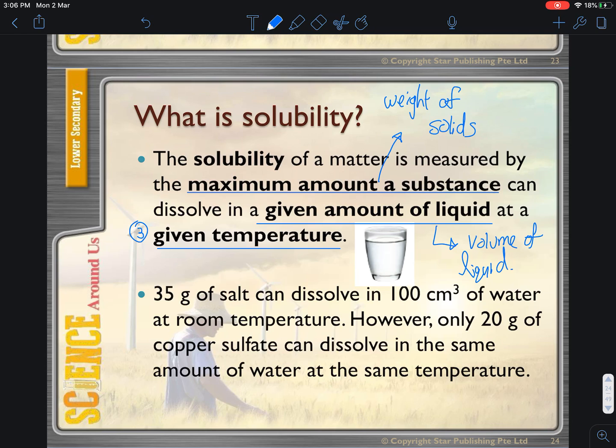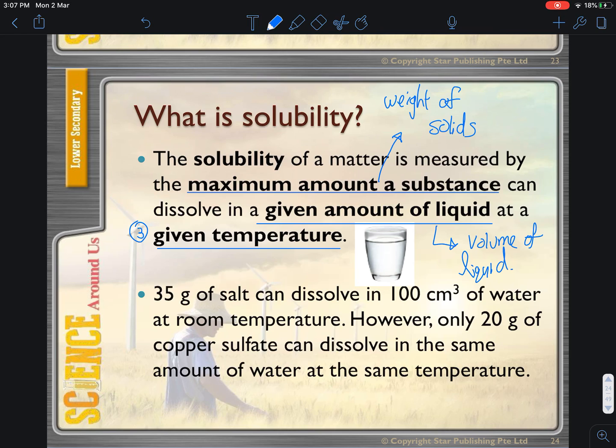This shows you that at different temperatures, it could bring about different solubility. So the temperature in question is the temperature of the water, and that could affect the solubility. That is why solubility is defined by these three main factors that can influence its physical property.